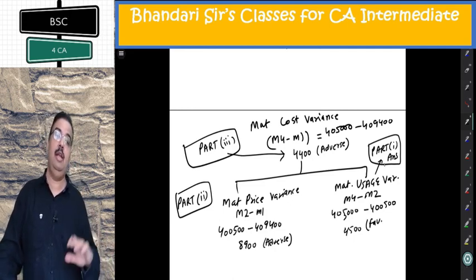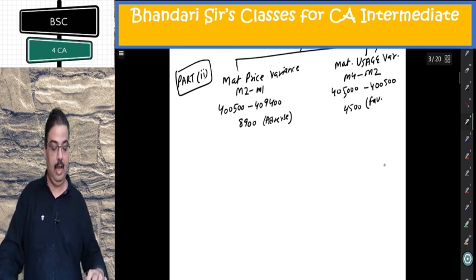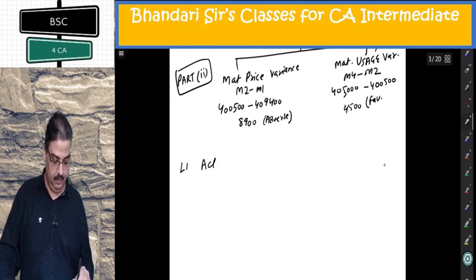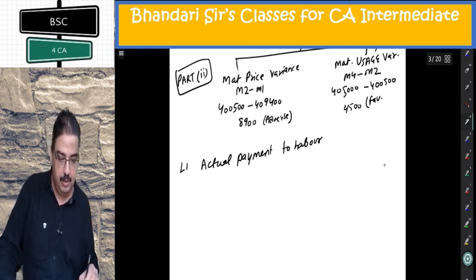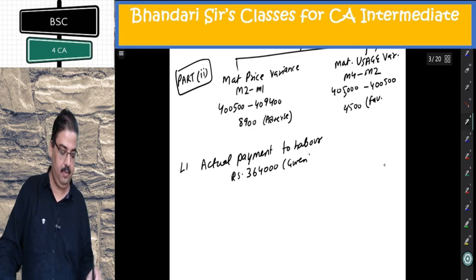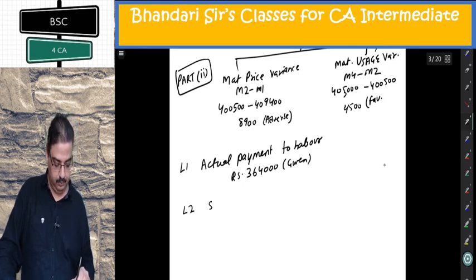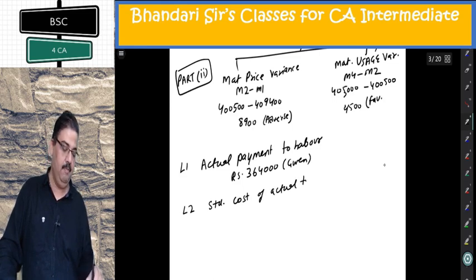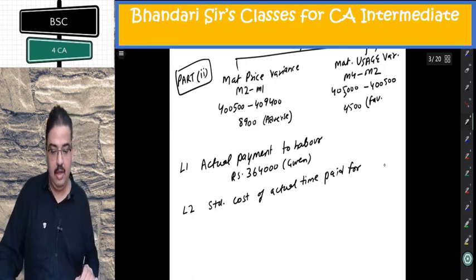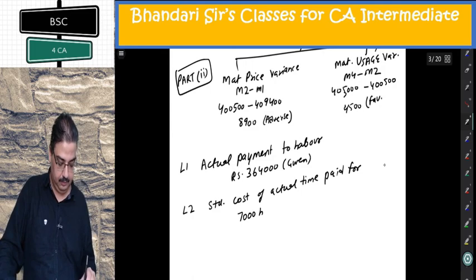Next 3 parts relate to middle level of labor category. So I calculate L1, actual payment to labor, that is rupees 3,64,000 given. L2, standard cost of actual time paid for. You are having 7,000 hours multiplied by 50 per hour.